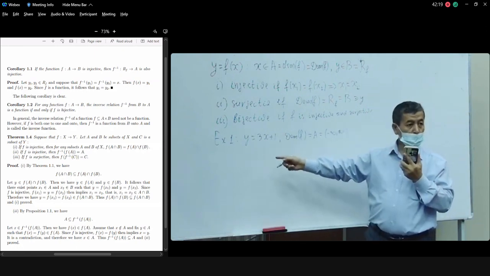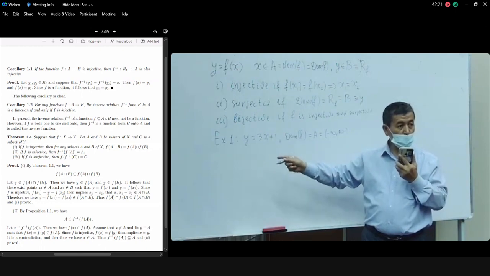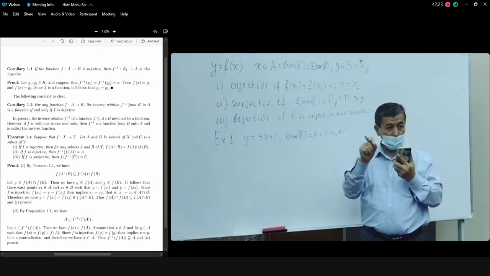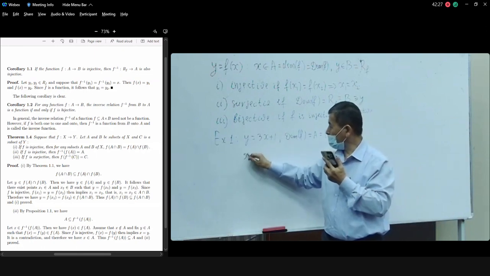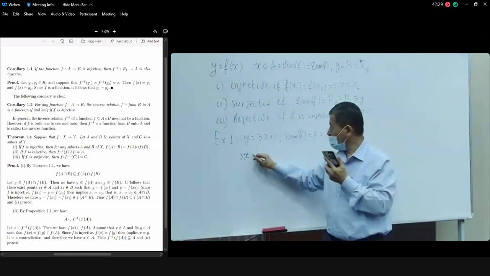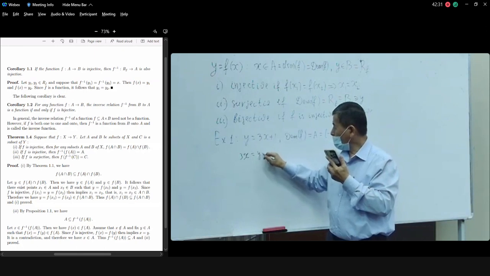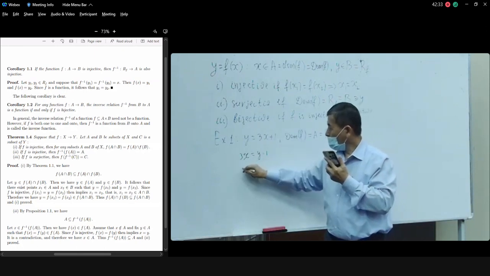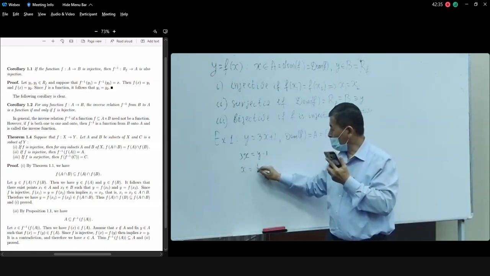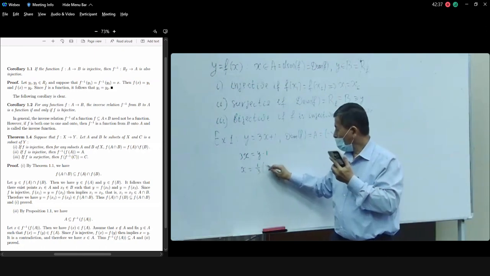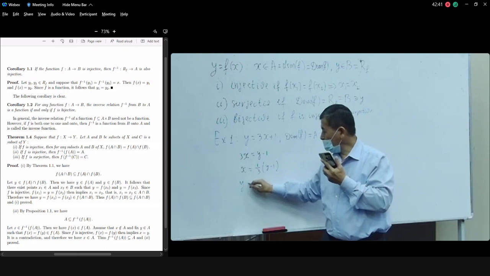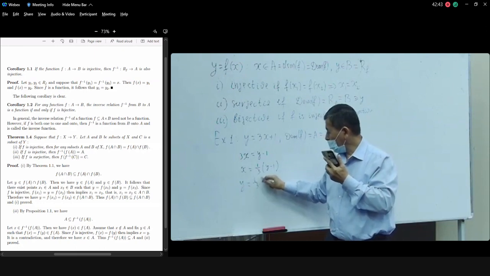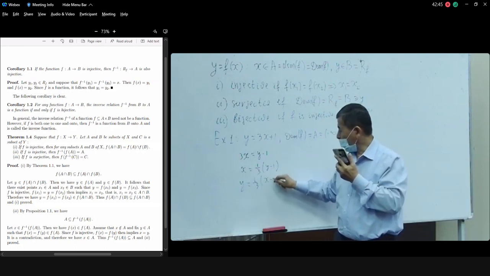And in the previous class, I showed you how to find the range. To find the range, we solve in terms of x: 3x equals y minus 1, and x is equal to one over 3 times (y minus 1). And change y, so y equals one over 3 times (x minus 1).